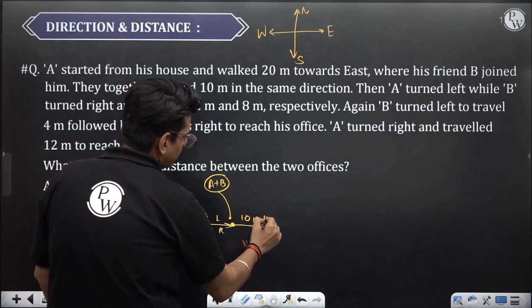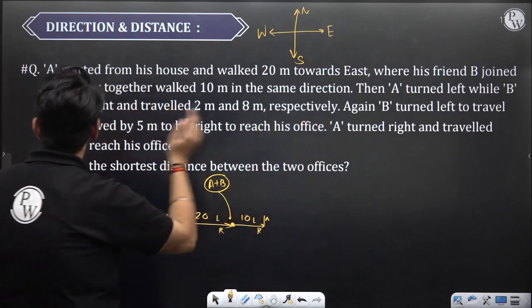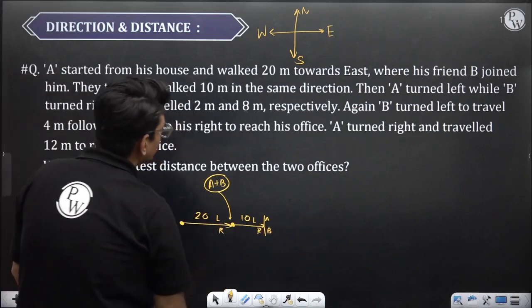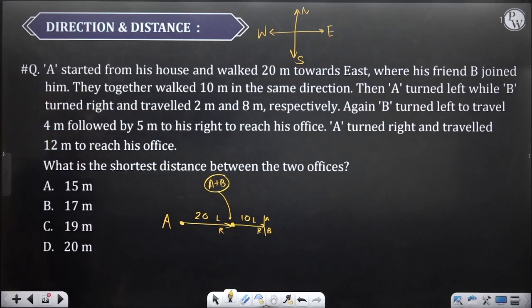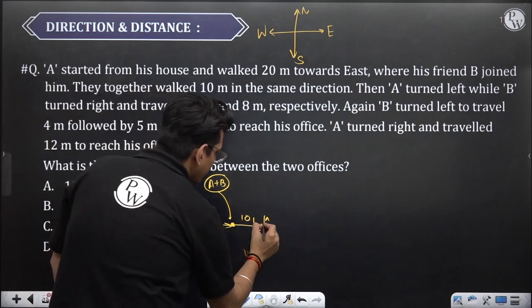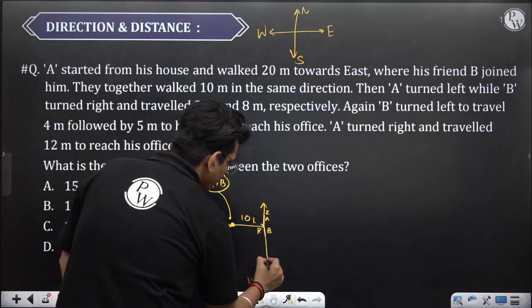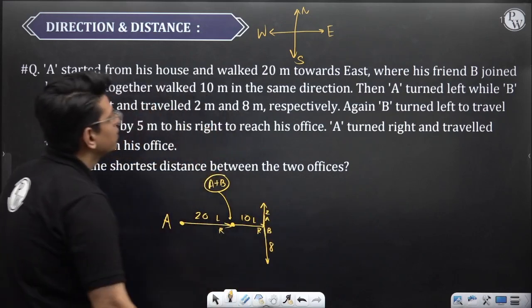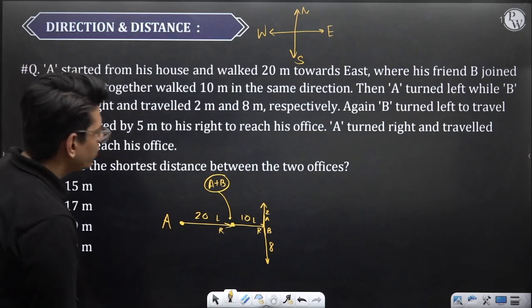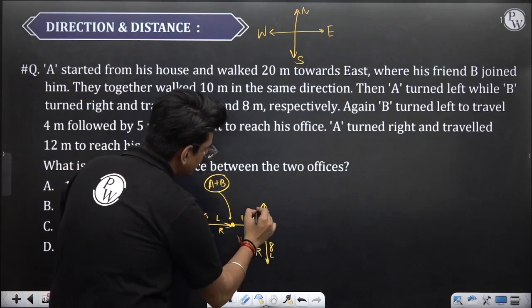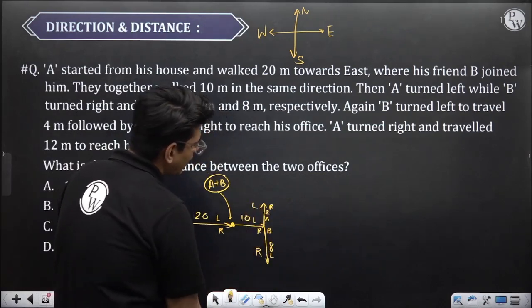This is A. And B turned to right. This is your B. Now, what distance did they travel? 2 and 8 respectively. A went 2 this side, B went 8 this side. Again B turned to his, this is right, this is left.